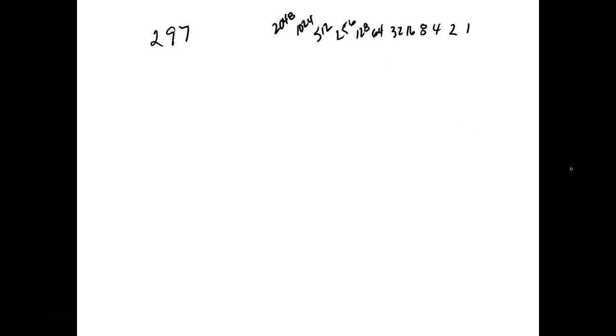So what I'll do is I'll come up here and I'll see what is the highest decimal equivalent of a power of 2 I can use. The biggest I can do is 256. So I'm going to put a 1 there, and I'm going to subtract 256 from there. What does that leave me? Okay, it leaves me 41.